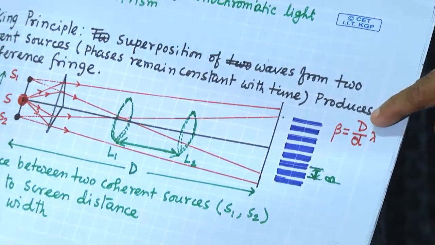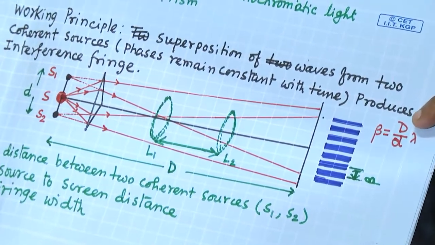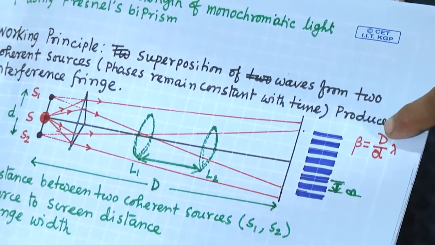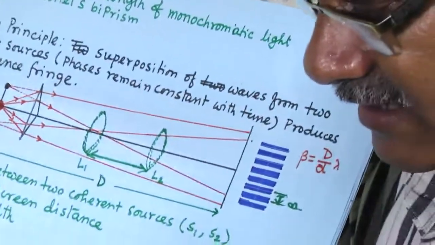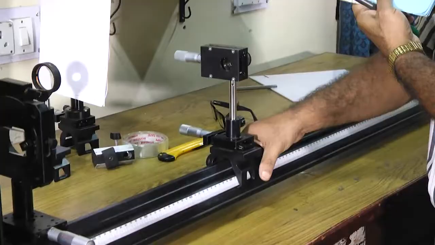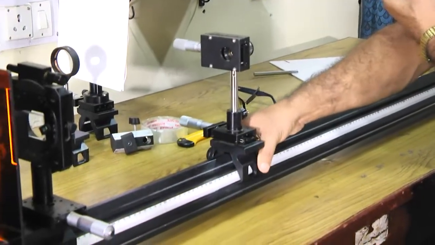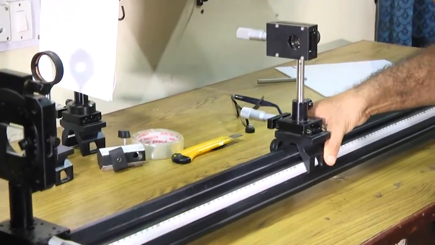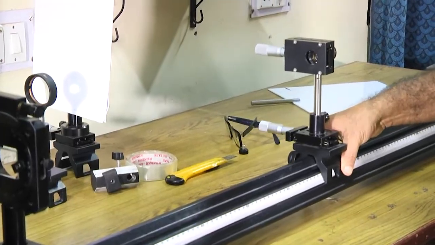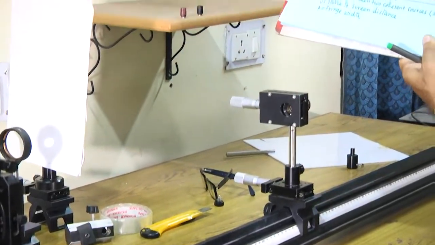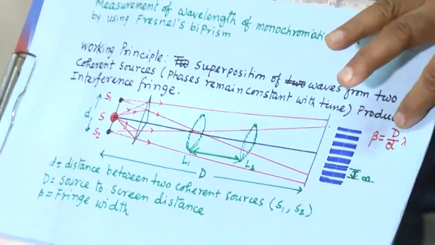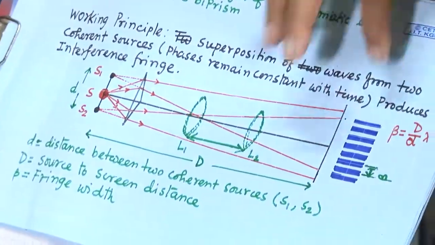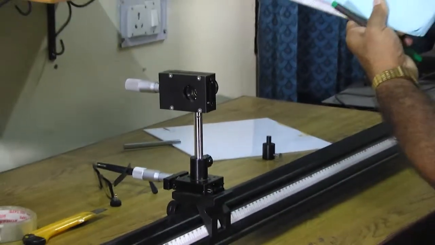Now you can increase or decrease the fringe width just by changing this capital D; the slit position is fixed, so by changing the screen position, meaning the eyepiece position, you can change this distance. For higher distance, beta, the fringe width will be higher. For smaller distance it will be lower.